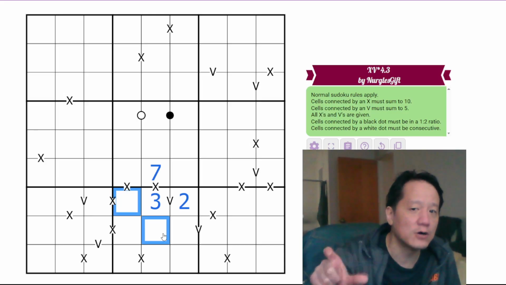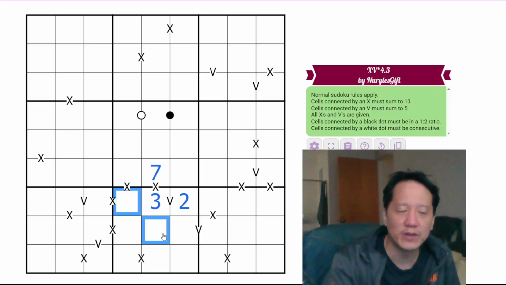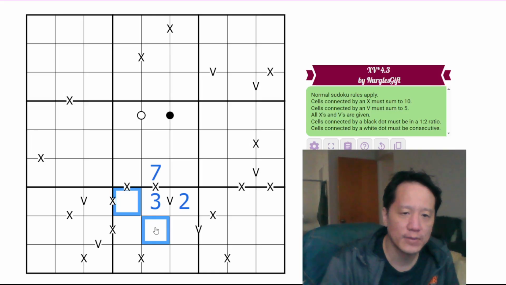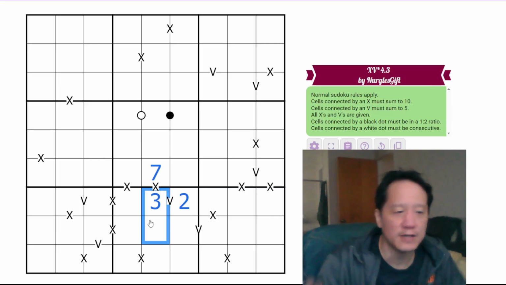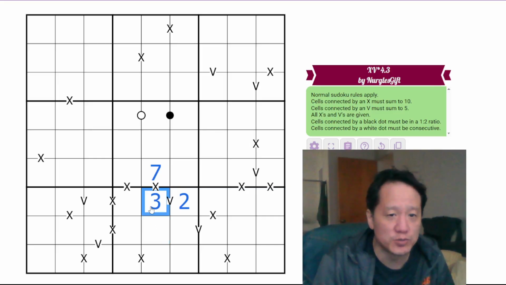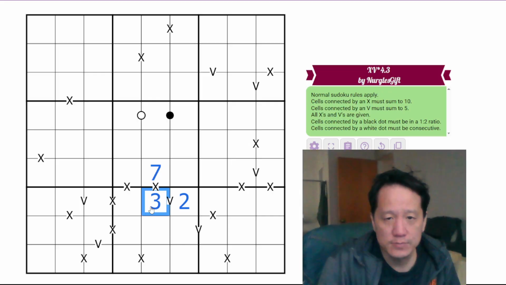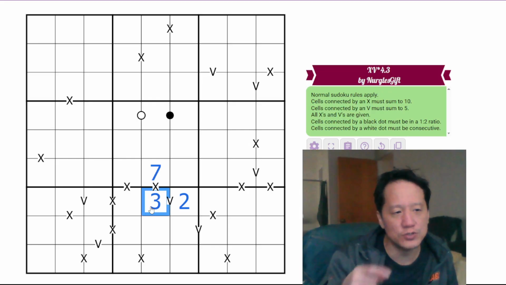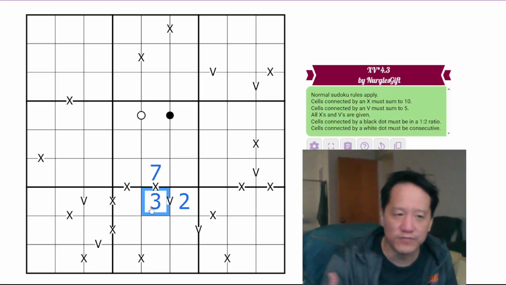Because it says all X's and V's are given, and that's the negative constraint. So that's what it allows you to do. We know these cannot be 2 and 7 because there's no X or V between them and the 3, assuming this was 3, obviously. So that'll give you a whole bunch of information that you can deduce to use to solve these puzzles.